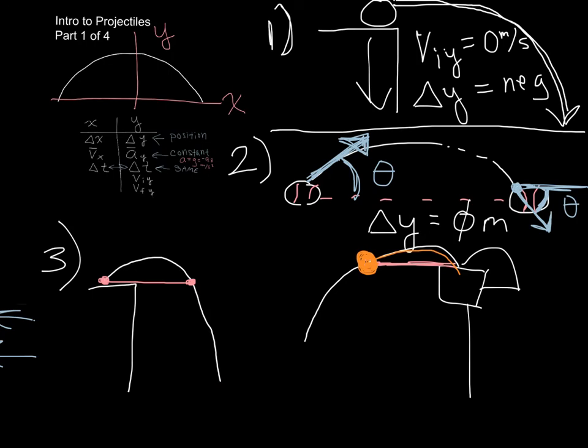And then, again here, the change in position vertically is from here to this height, and horizontally from here to over here. In the next couple of videos, we're going to do specific examples of 1 and 2 and 3, and we'll do both this one and this one, so you can see what those look like. But for now, that's all you need to know about projectiles. Thanks for watching.